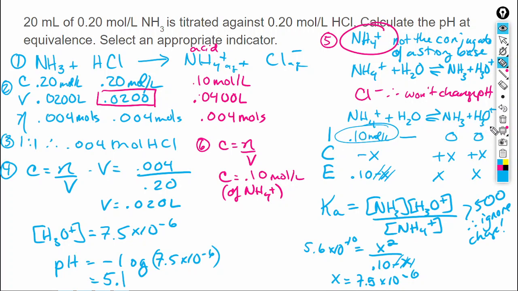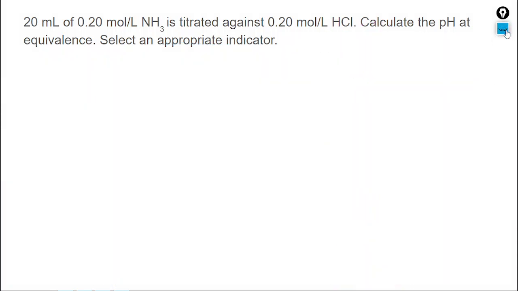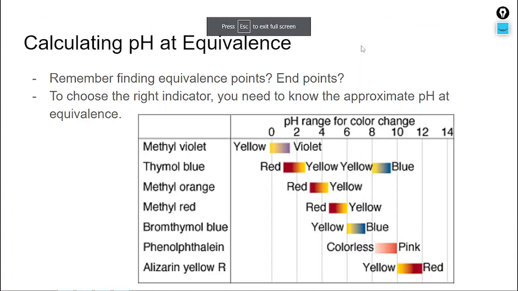And now we know exactly how acidic it's going to be. The question asks to select an appropriate indicator. How would I do that? Look at the chart. If we go back a slide and I look for something that changes color around a pH of 5, I can see that methyl red would do a pretty good job there.